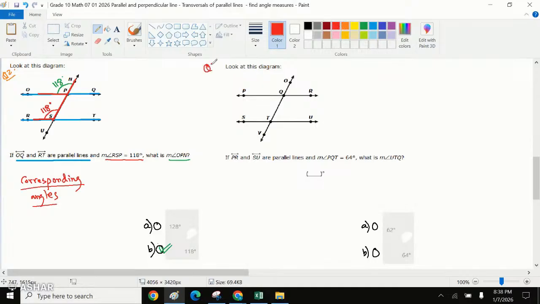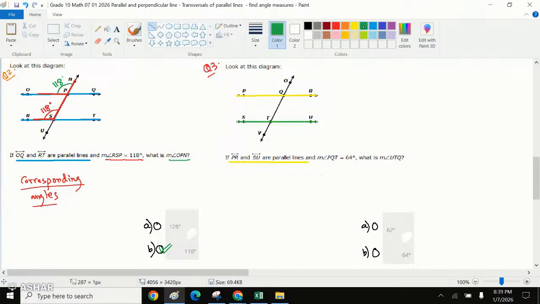Question number 3. Okay. Look at the diagram. Let's find the pair of parallel lines. We can say we have these parallel lines over here. This line is parallel to this line. Agreed? Now what else?